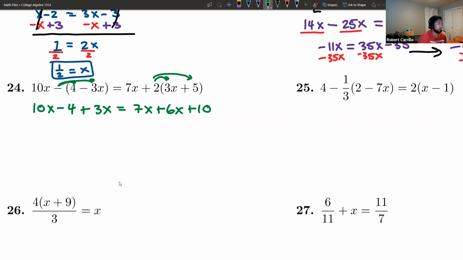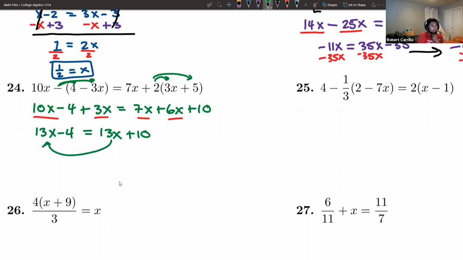We distributed the left, distributed the right, combine like terms: left side 10x, 3x, right side 7x, 6x. The left side 13x minus 4, the right side 13x plus 10.